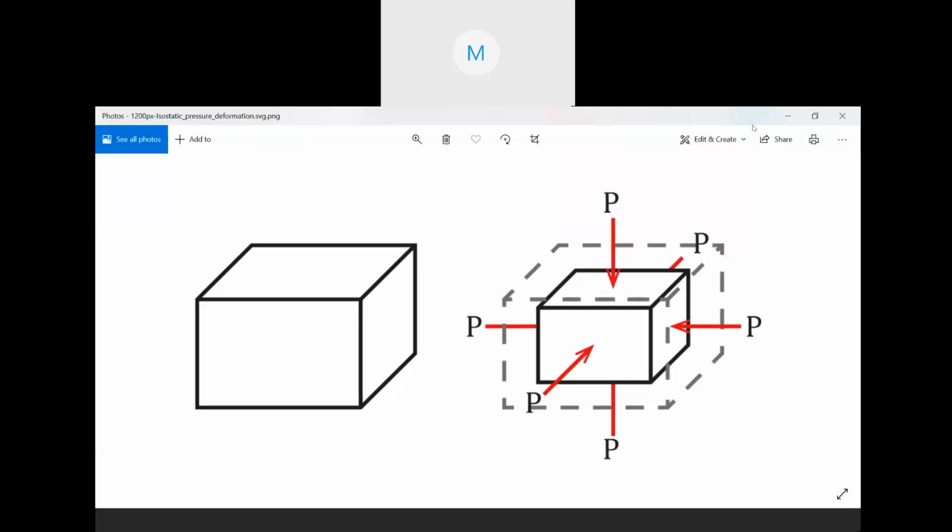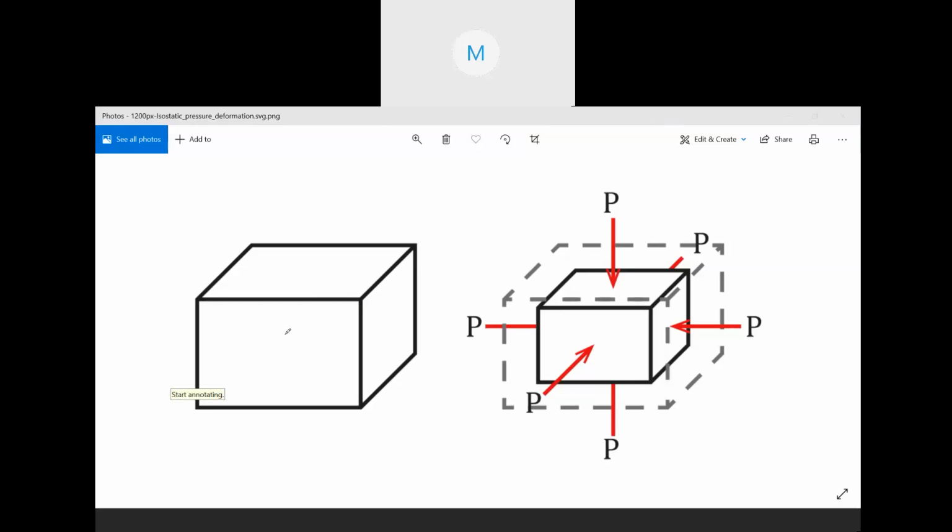Are you able to see this image, students? Yes, sir. So what happens? Just try to concentrate on it.